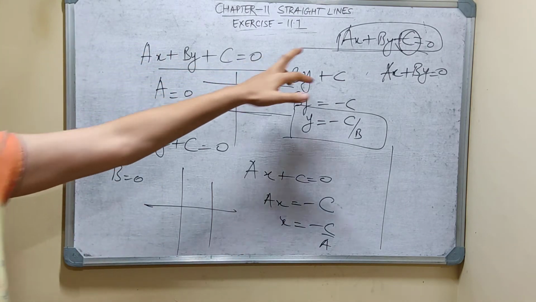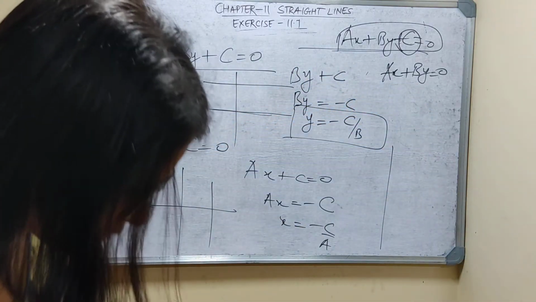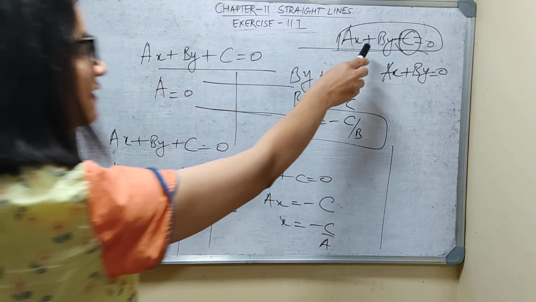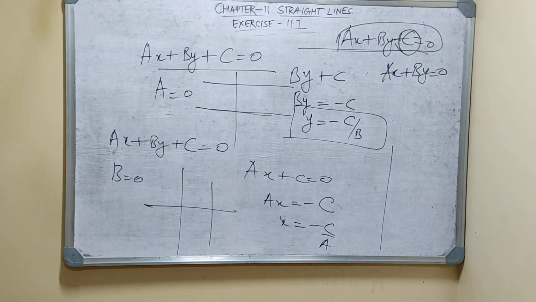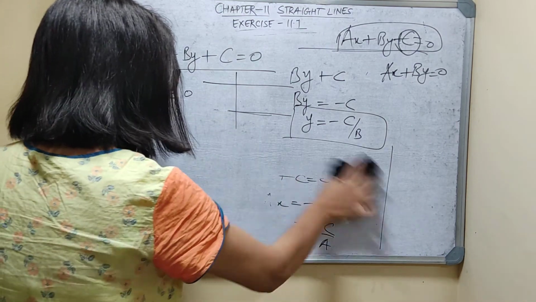If this line passes through origin, then the constant term won't be there. Then the equation will be ax plus by is equal to 0. Means if this line passes through origin, then the constant term is equal to 0. Is it clear?